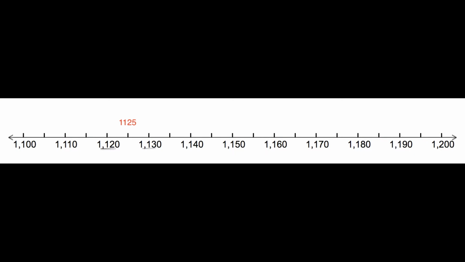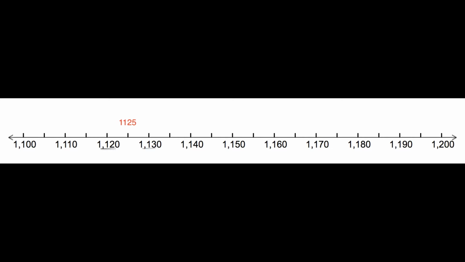The best way to understand how to round something is to take a look at a number line. All right, so here we have a number line with our example number 1125. Looking at the number line, we're trying to round this number to the nearest tenth. Since our number is 1125, we can either round it to 1120 or 1130.